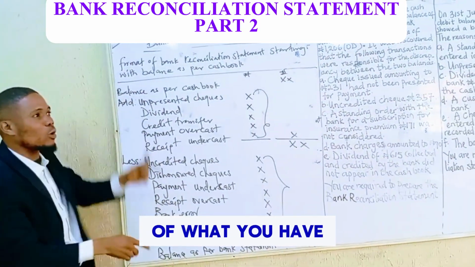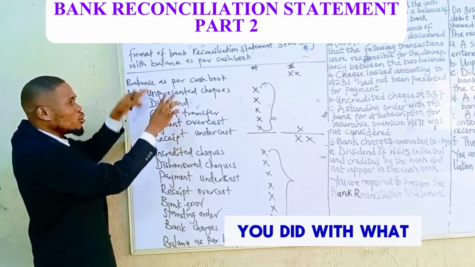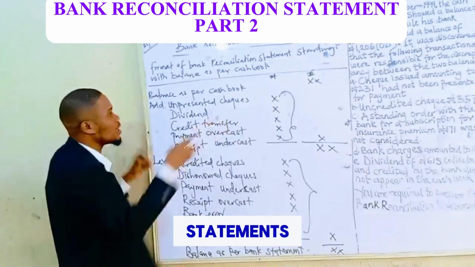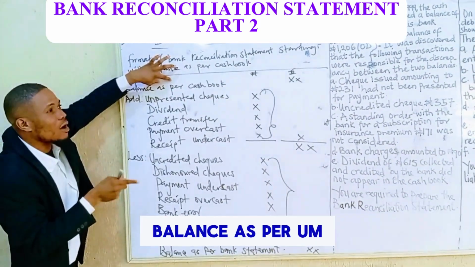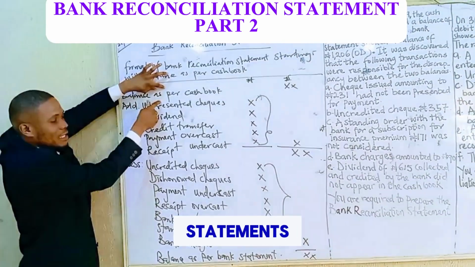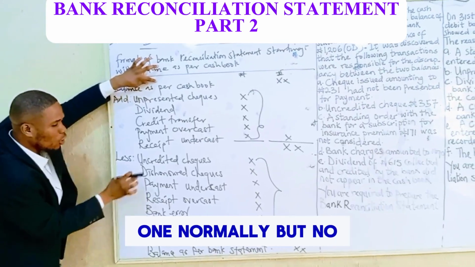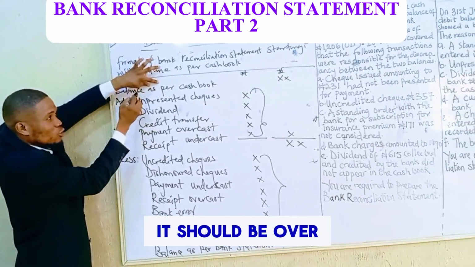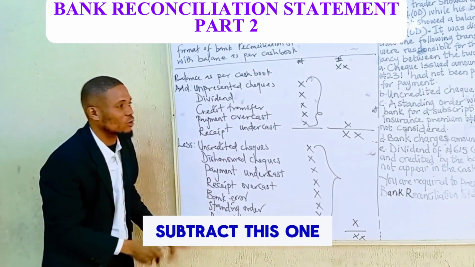That is the opposite of what you have drawn, which is the same as what you did with balance as per bank statement. So when you start with overdraft as per bank statement, you know we ought to add this one normally, but no, we are going to add this one. It will be overdraft as per bank statement. Add this one, then subtract this one.